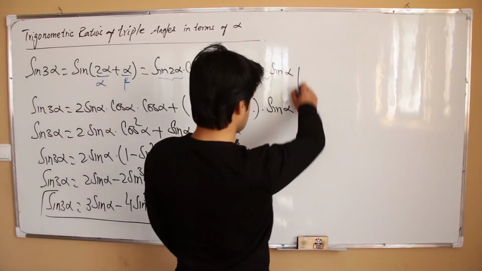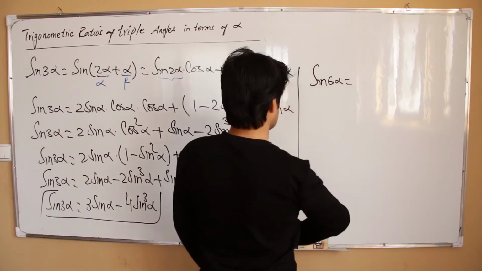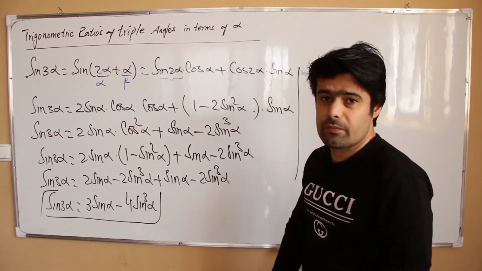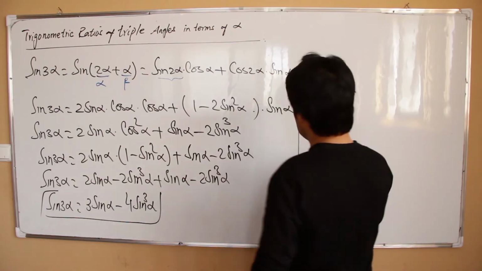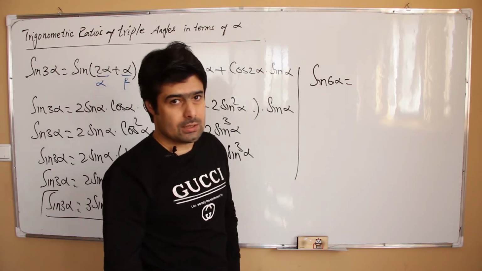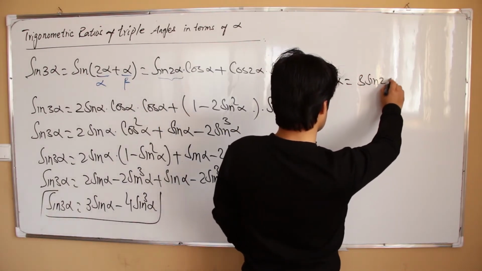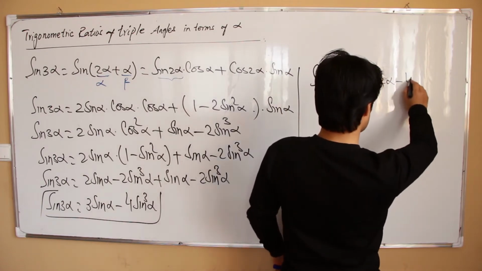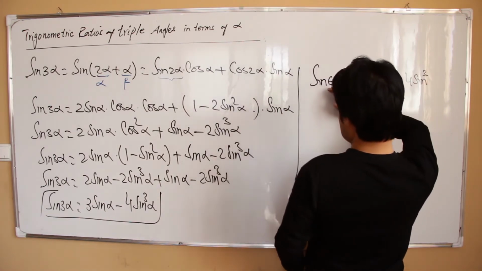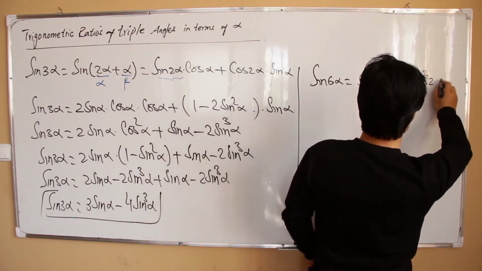If I have sine of 6 alpha, now this 6 alpha is the triple angle for which angle? 2 alpha, for 2. The 2 alpha triple is 6 alpha. So we can use this one, 3 sine of 2 alpha minus 4 sine cube of 2 alpha. This is the triple form for 2 alpha.